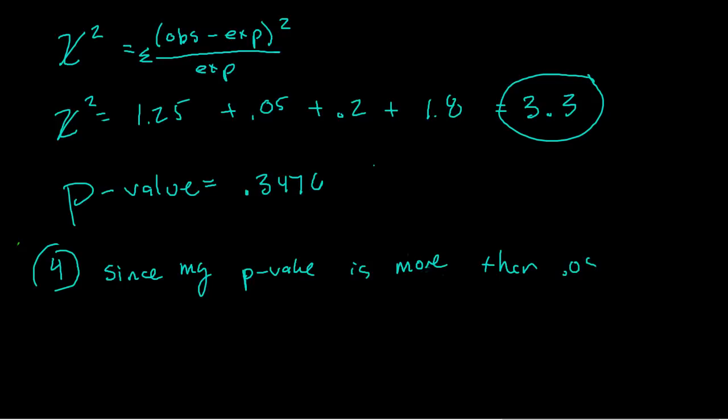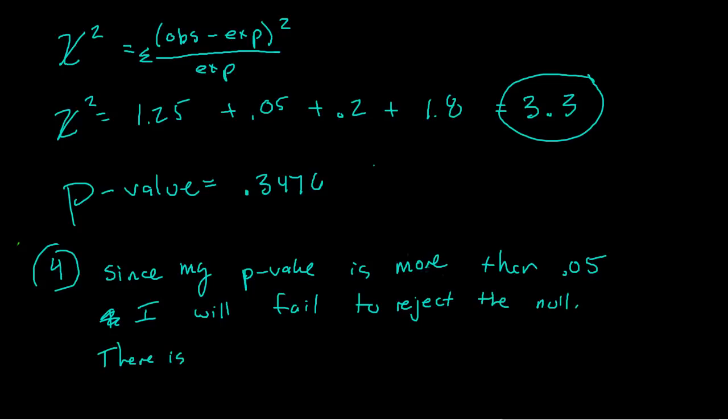Typically we'll use a 5% alpha level, so since my p-value is more than 0.05, I will fail to reject the null. There is no evidence of an unequal distribution of flavors.